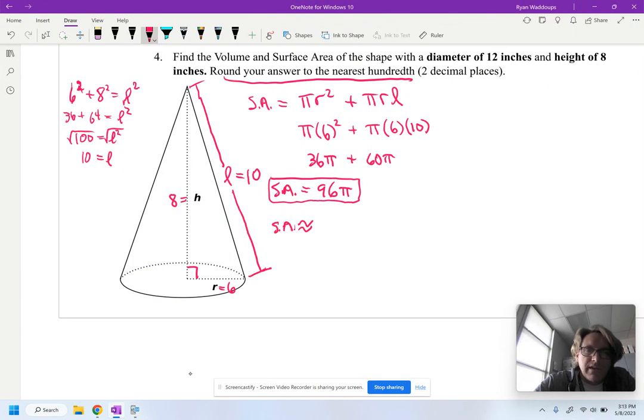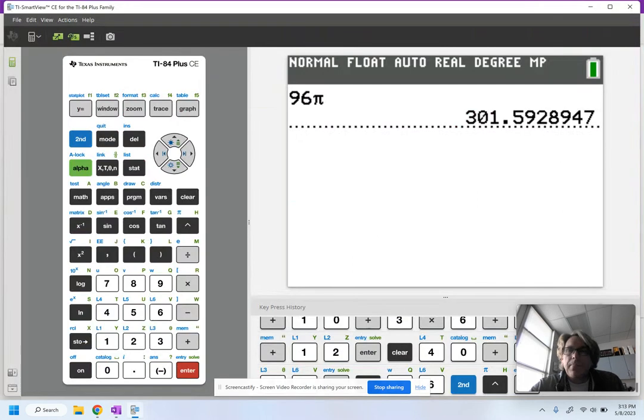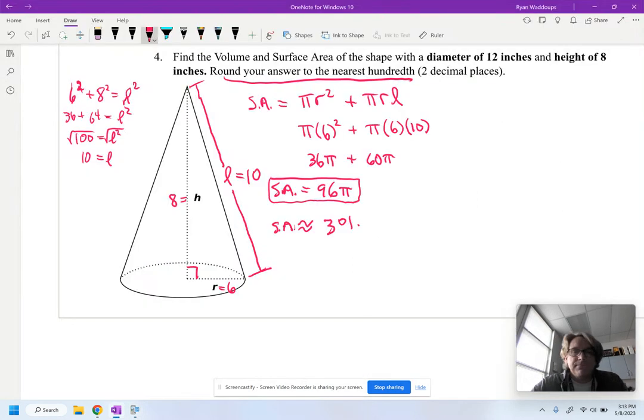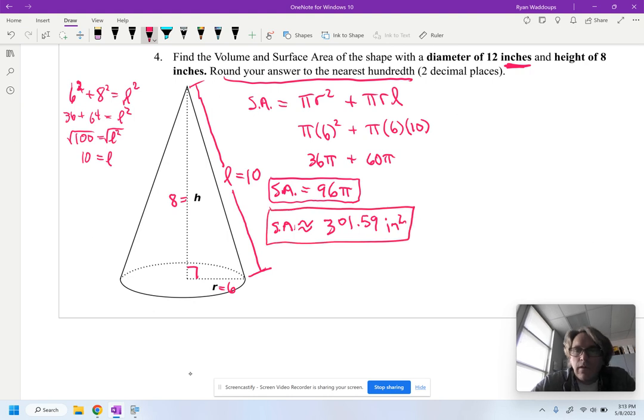So the surface area is 301.59. And they did give us the units were in inches, and so this would be in inches squared. And that's our answer, both in exact terms as well as in approximate value.